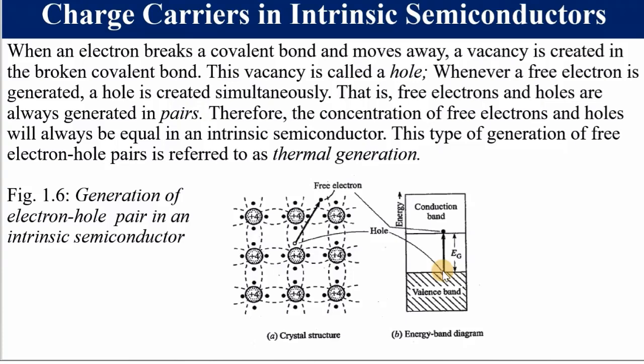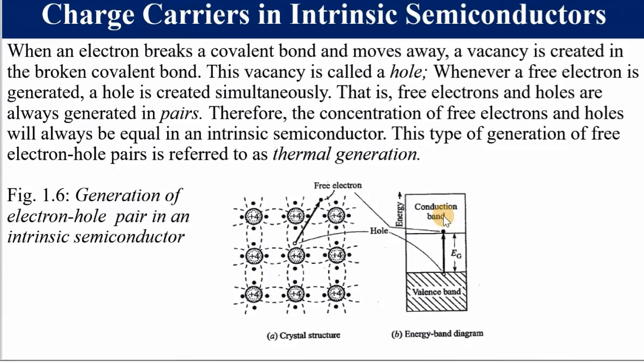So it has left a hole. So electrons and holes are charge carriers in an intrinsic semiconductor. So we are saying electrons and holes are generated in pairs, which means that the concentration of free electrons and holes will always be equal.